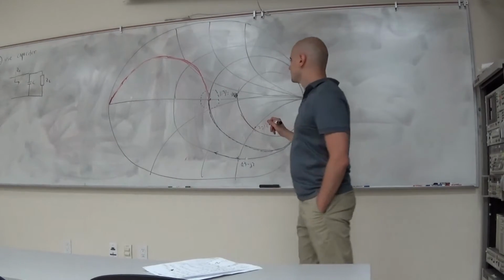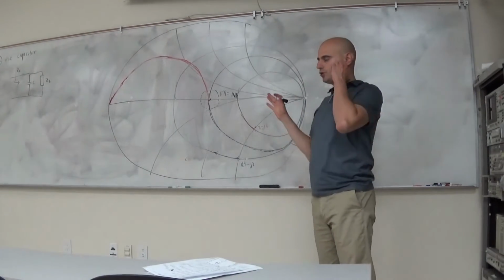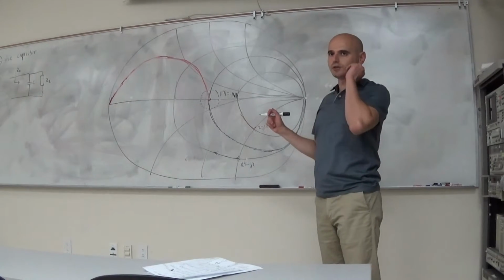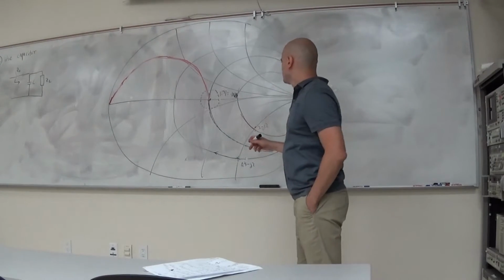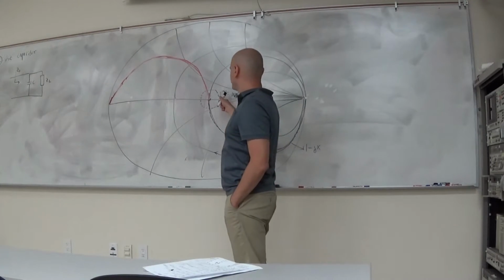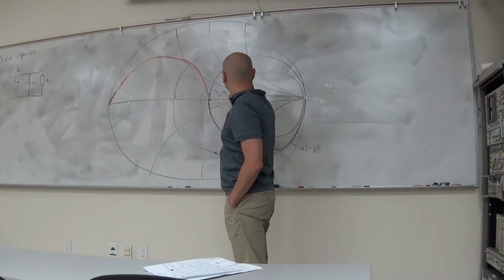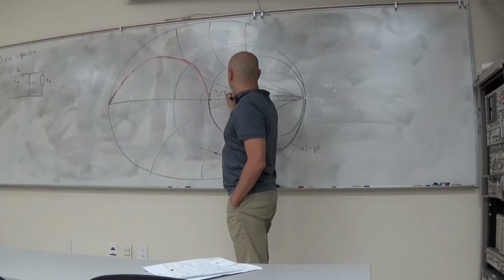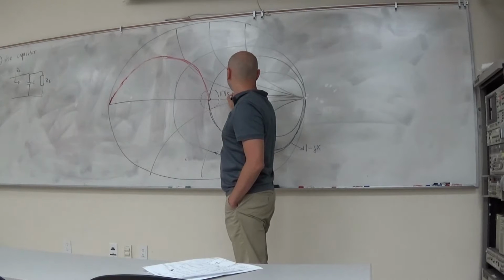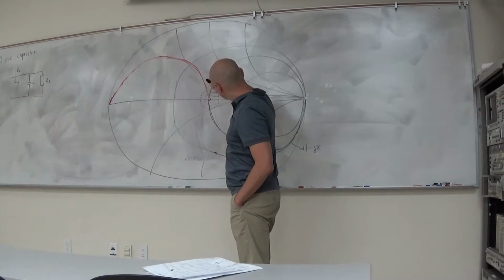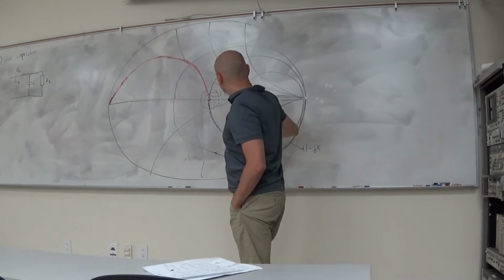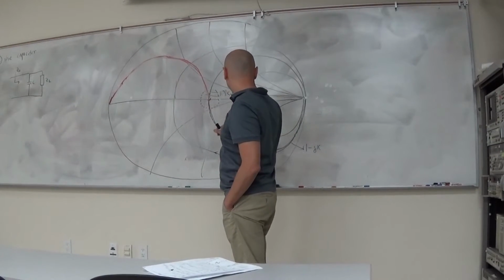By the way, gamma and VSWR, you can get one from the other, and I'm just expressing gamma in dB. So this is typically a criteria: we need a matching network that has a gamma less than minus 10 dB. That means you need to be inside this circle, so when you match it, you need to bring it inside the circle.